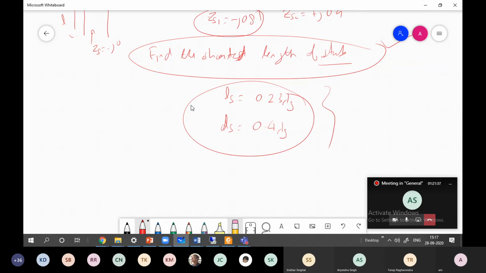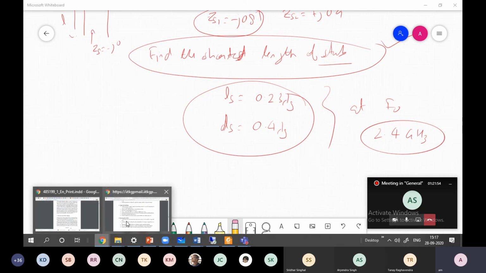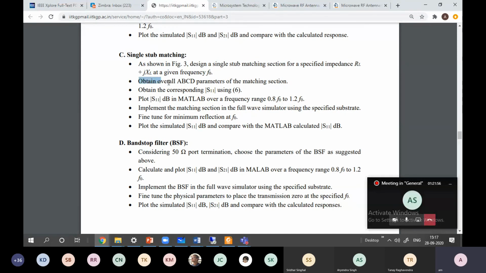Then at F naught equals 2.54 gigahertz, for the given technology you have to find out the actual length of LS and the actual length of DS, find their ABCD matrix, and plot it in MATLAB for the frequency range 0.8 to 1.2.